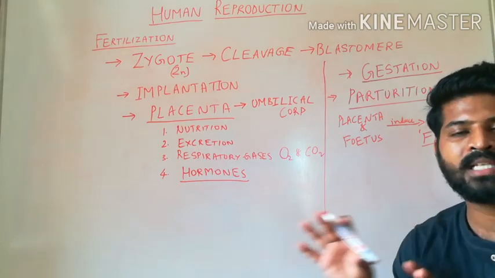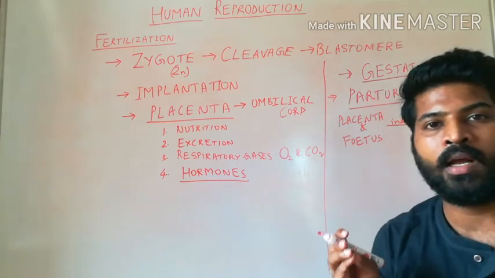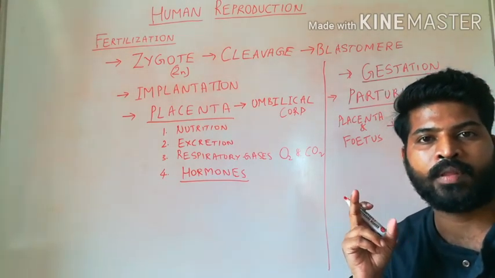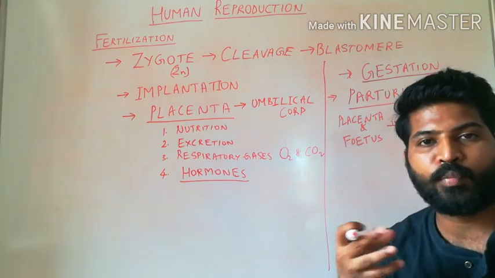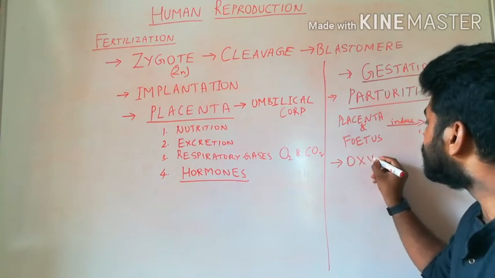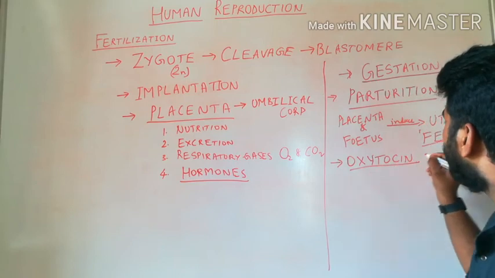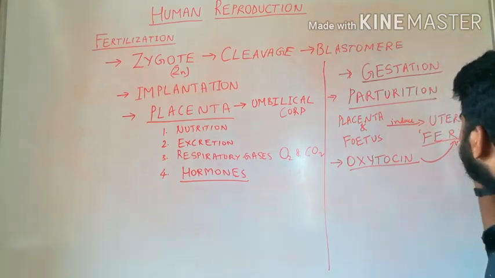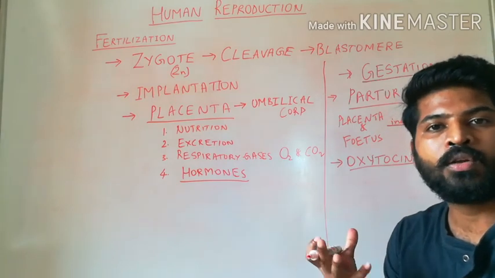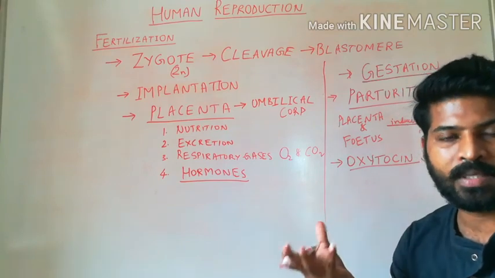It is expelled out. Now, due to the fetal ejection reflex, the pituitary gland of the mother will secrete a hormone called oxytocin. This oxytocin hormone will act on the uterine walls once again, stimulating stronger contractions and relaxations of the uterine muscles.